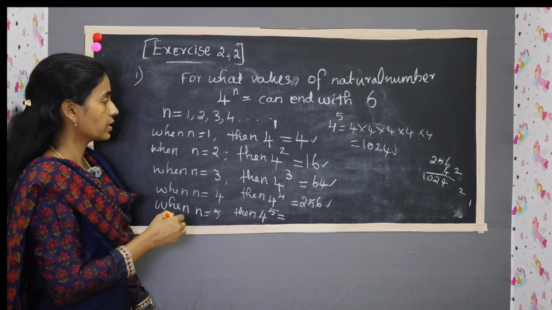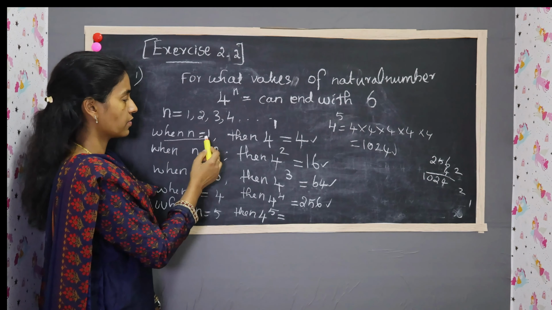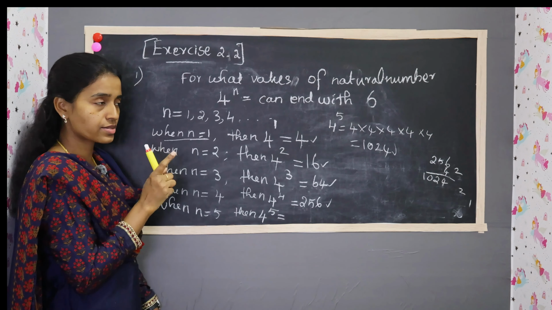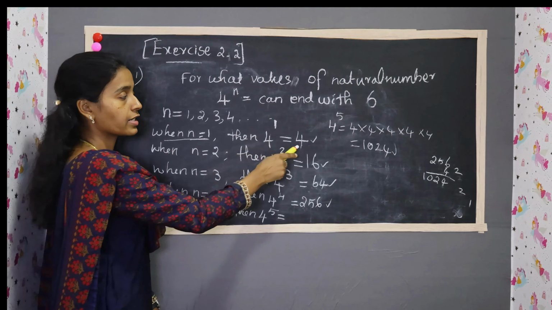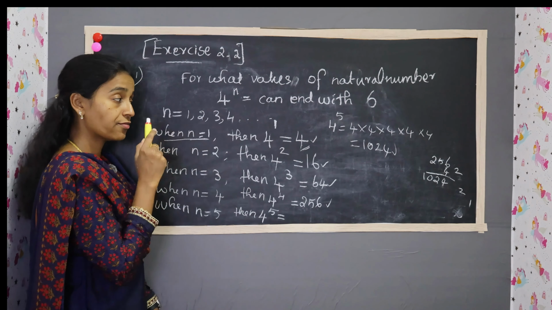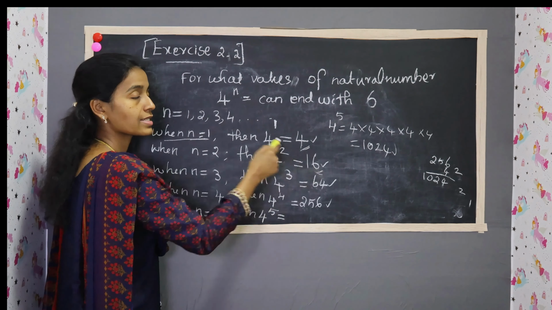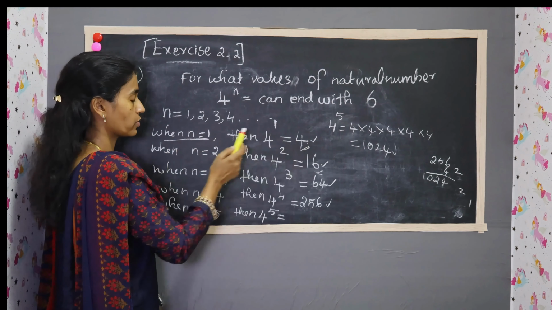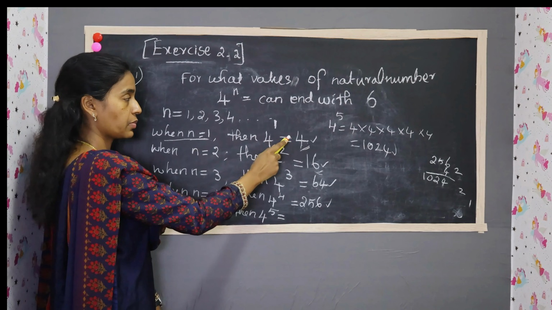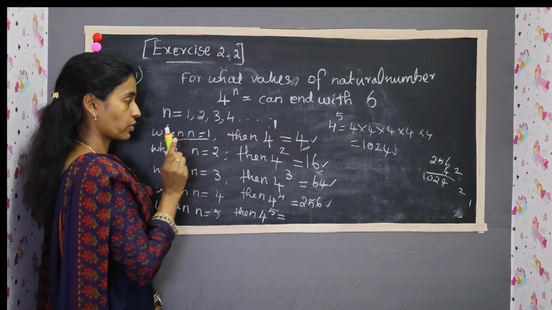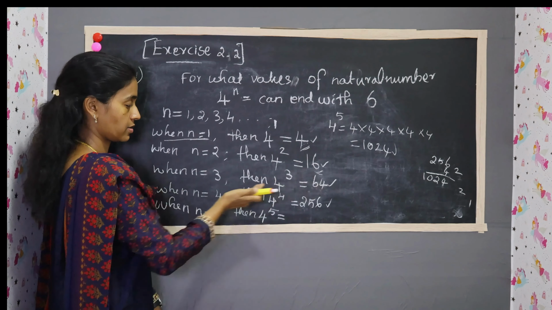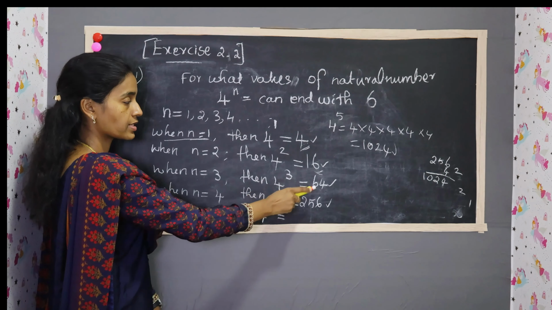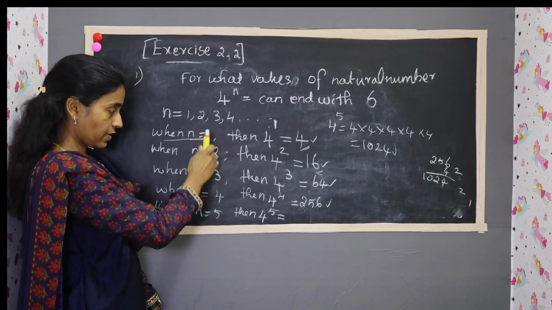Here, you should concentrate on when we get 4 as the last digit and when we get 6 as the last digit. When n is 1, 4 power n is 4. When n is 3, the value of 4 power 3 is 64. So look at these n values.